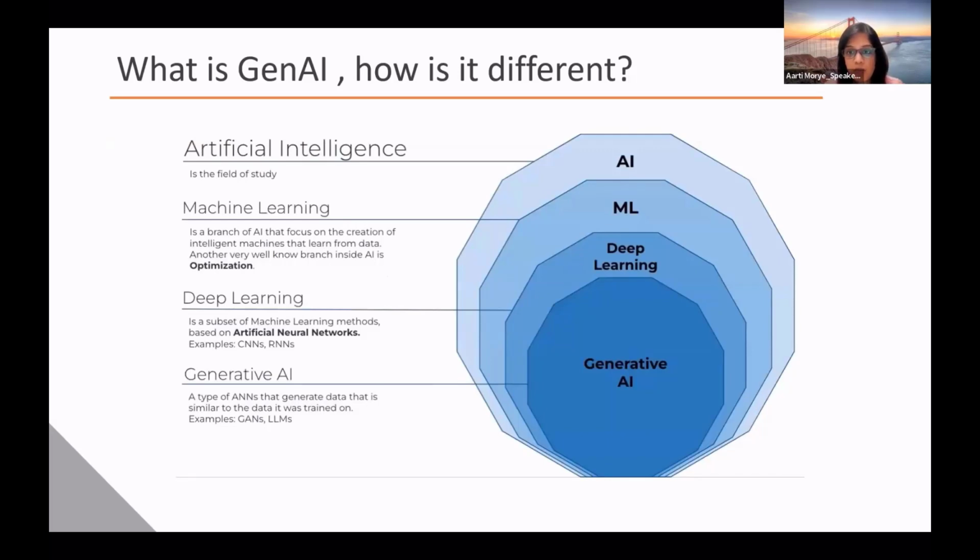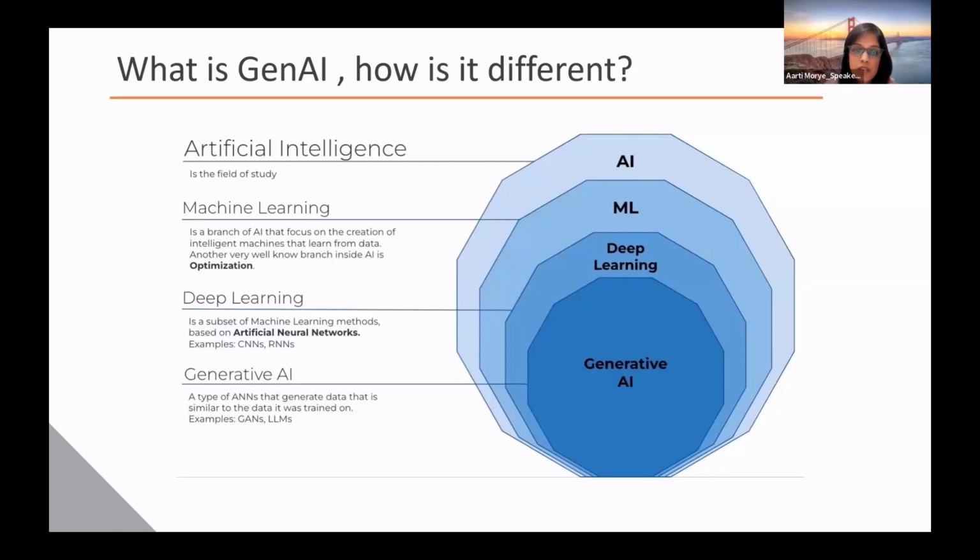It is an umbrella term which encompasses everything from ML, deep learning, computer vision, everything that comes under the artificial intelligence landscape. Machine learning is a subset of AI. By definition, it is a branch of AI that focuses on the creation of intelligent machines that learn from data. So data becomes the core of all of the machine learning models.